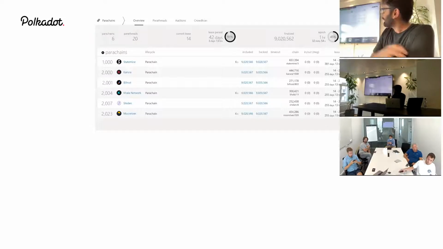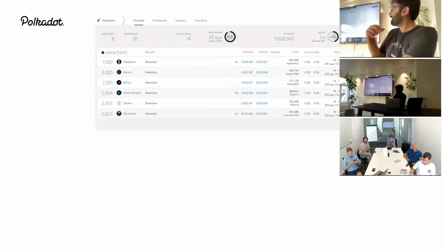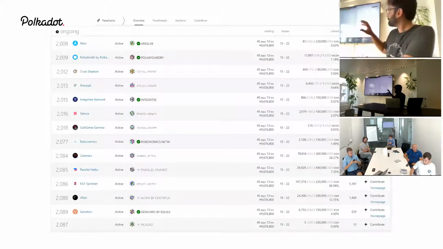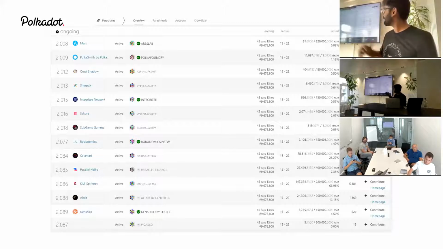If you're interested, check out what they're going to do. Also, this is happening right now: if you go to Polkadot.js and look at the crowd loans, all of these projects have opened up for crowd loans, and contributions are happening at this moment. Feel free to check out these upcoming projects on Kusama.